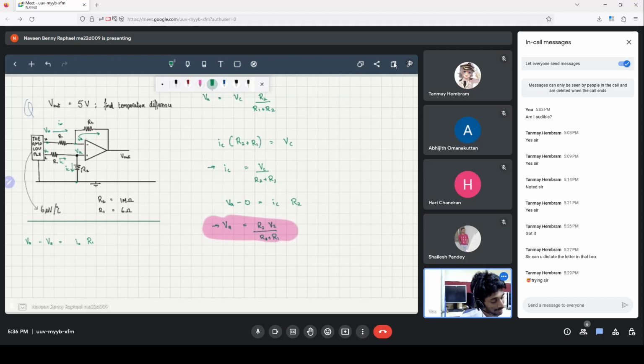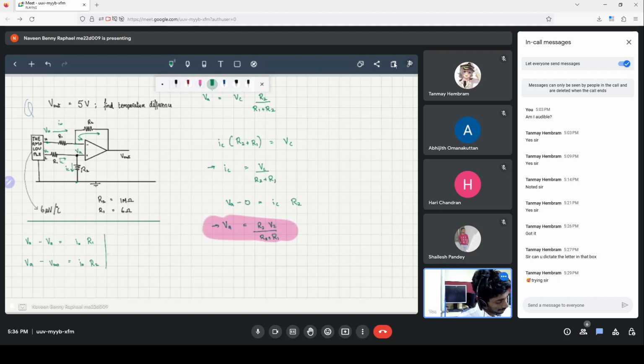When you write the equation for R2, we'll get VA minus V out is equal to IH into R2. I hope these two equations made sense.